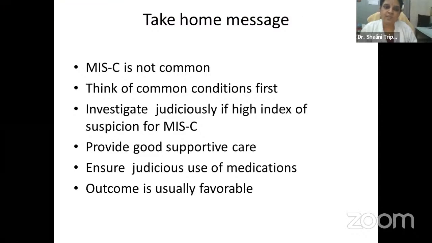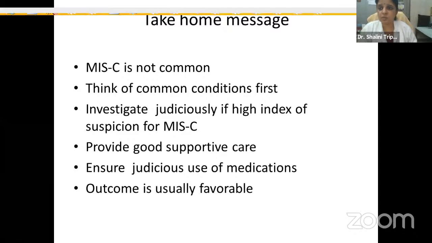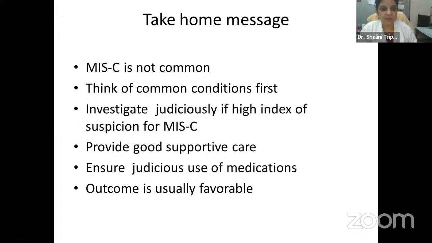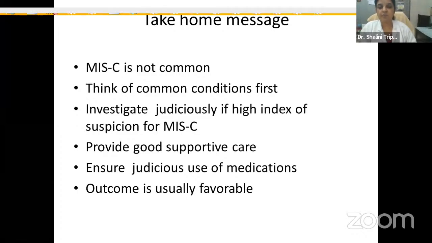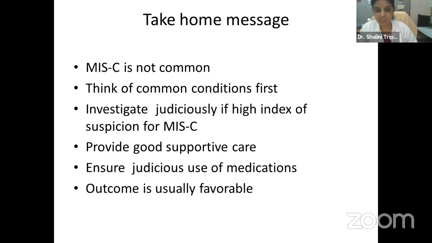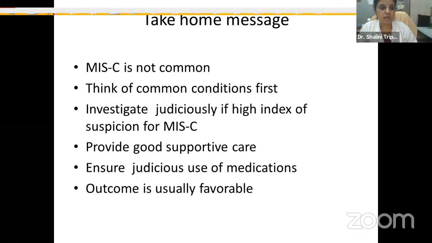But always think of the common conditions first, before jumping to the diagnosis of MIS-C. Investigate judiciously if there is a high index of suspicion for MIS-C. Provide good supportive care apart from IVIG and steroids for better outcomes. Ensure judicious use of medications, and the outcome is usually favorable.